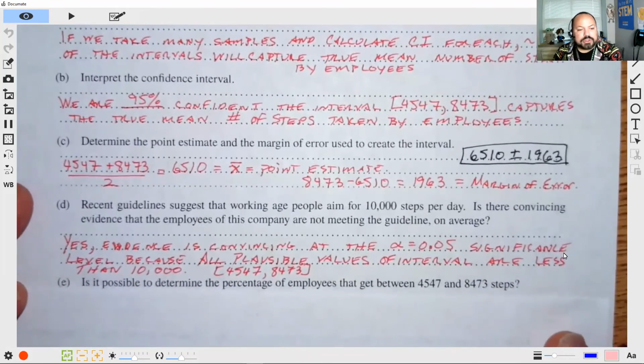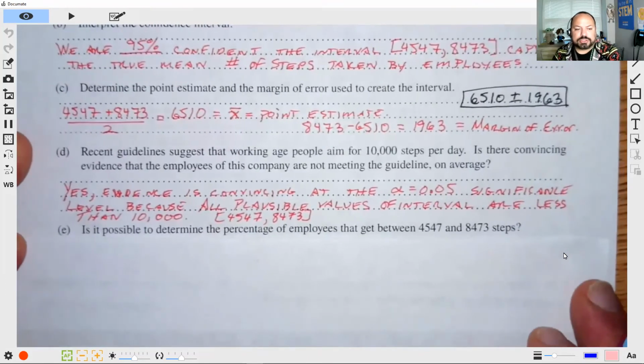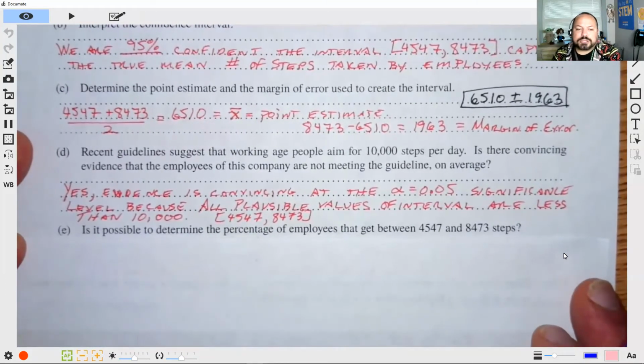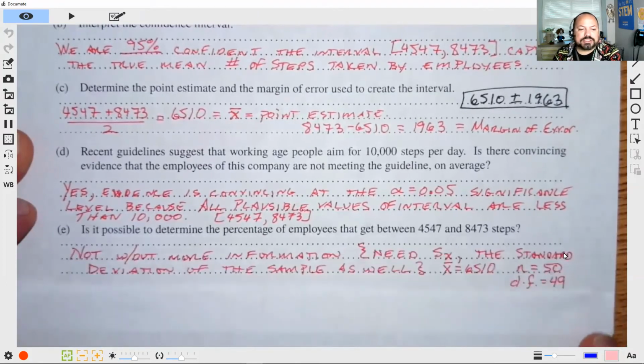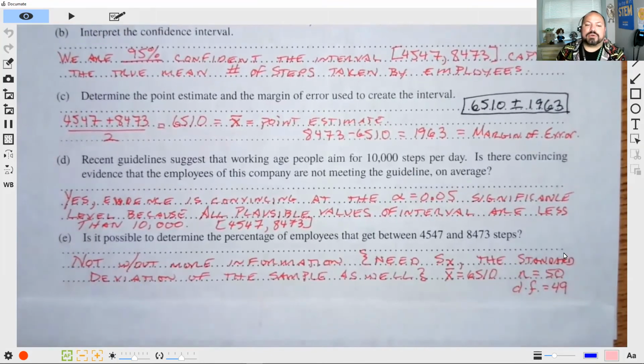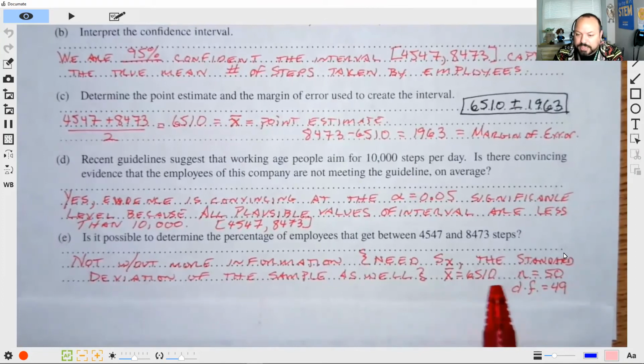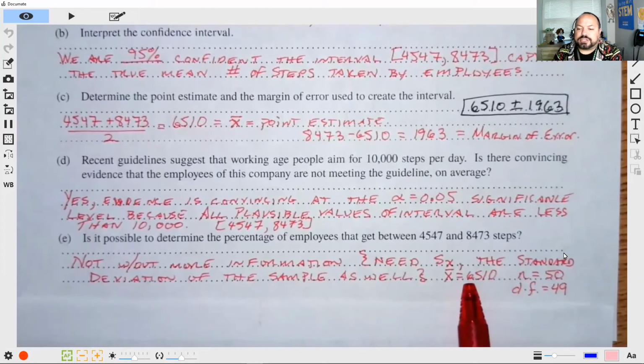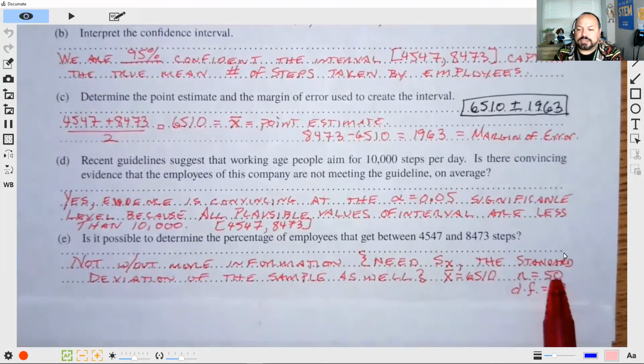Now, the last question for this part. Is it possible to determine the percentage of employees that get between 4,547 and 8,473 steps? The answer is not without more information. All we know right now is the sample mean, 6510, and the sample size, 50.